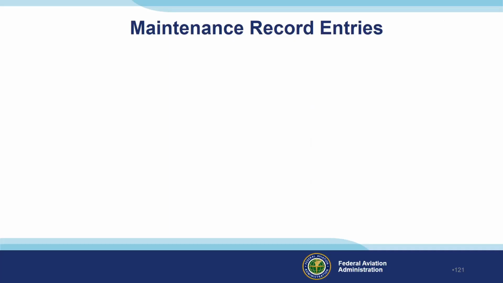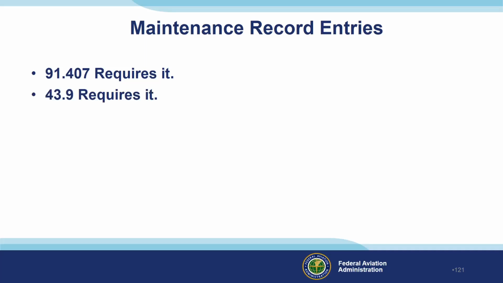So let's look at some maintenance record entries. 91.407 requires it. It says that no person may operate an aircraft after maintenance unless the record entry has been made and it's been approved for return to service under 43.9. 43.9 requires it.